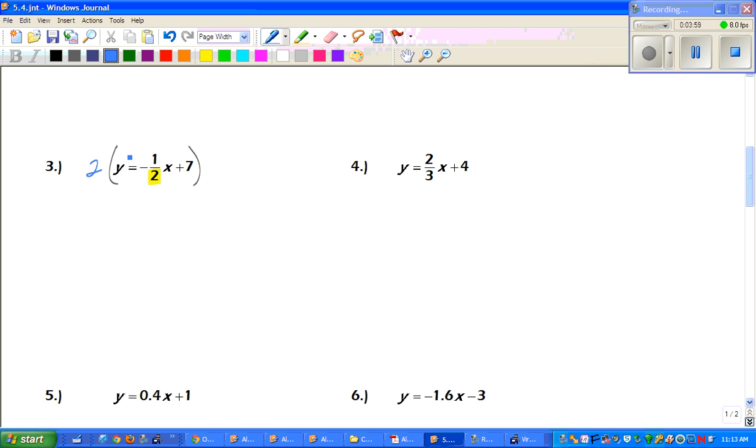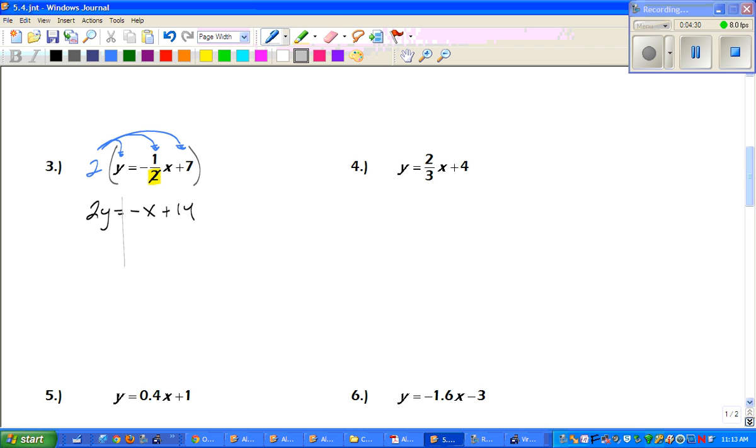Our denominator is 2, so I'm going to multiply everything by 2. 2 times y gives us 2y. 2 times negative 1/2 cancels, and we're just left with negative x. And then don't forget the last thing: 2 times 7 is 14.